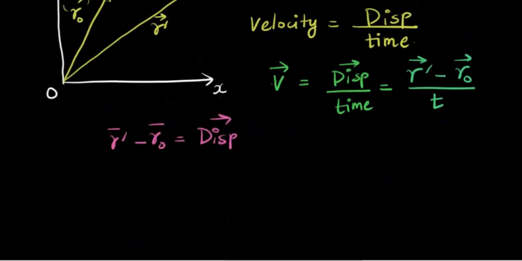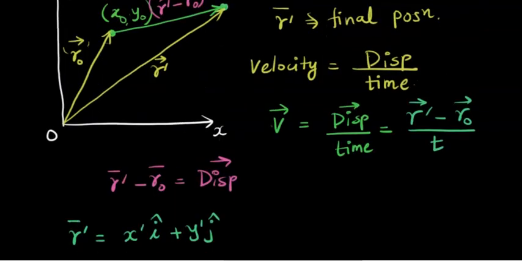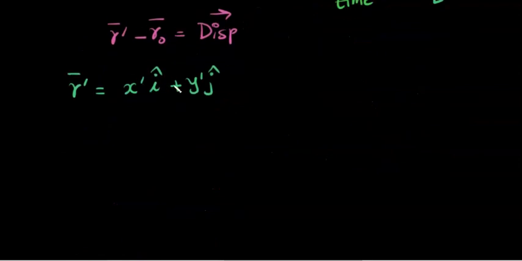Now what is r dash bar? You know that r dash bar can be written as x dash i cap plus y dash j cap. See properly over here: the final position coordinates are x dash, y dash, so I can write it in vector form like this, x dash i cap plus y dash j cap. Similarly for r0 bar I can write x i cap plus y j cap.